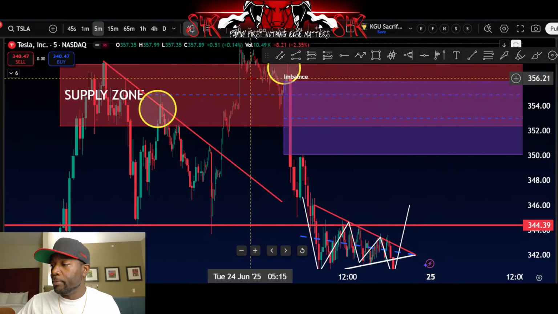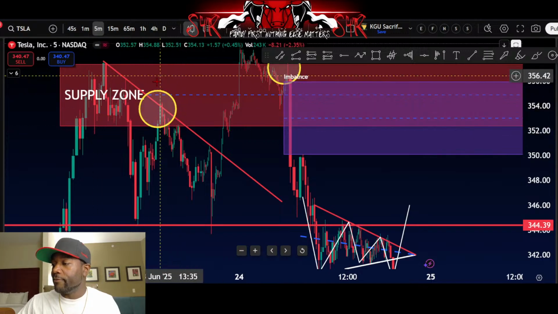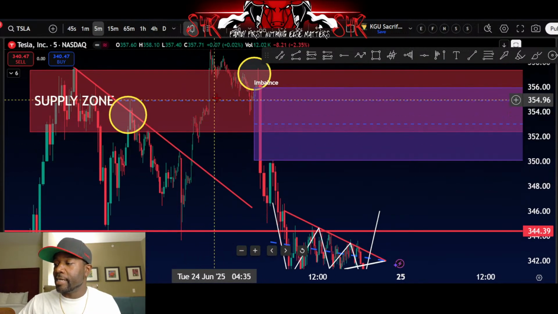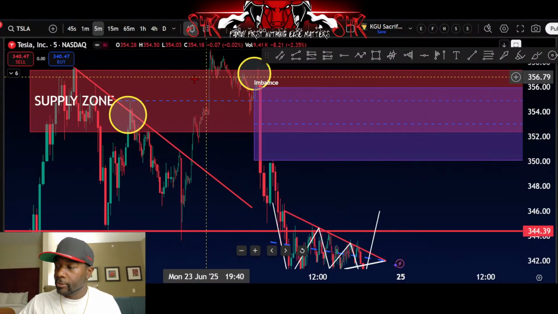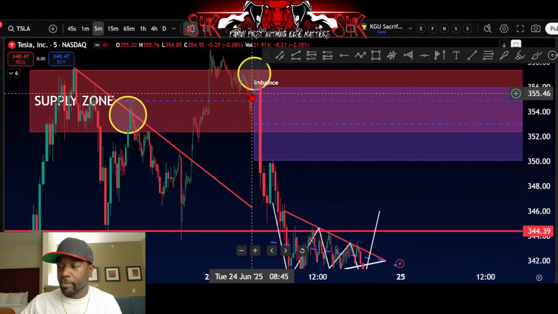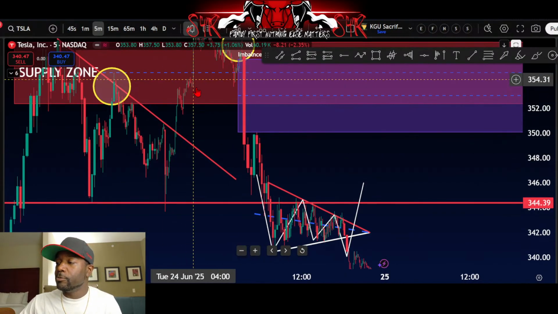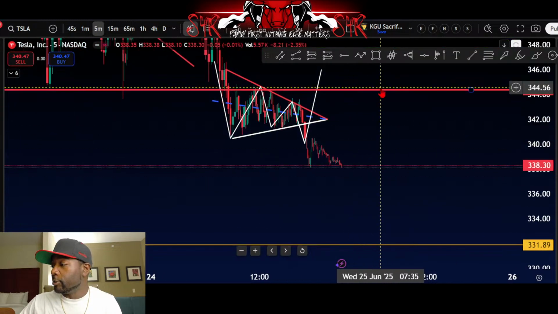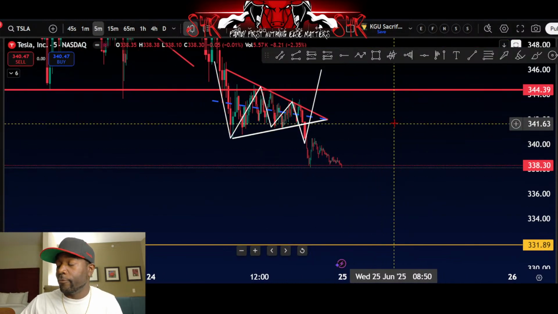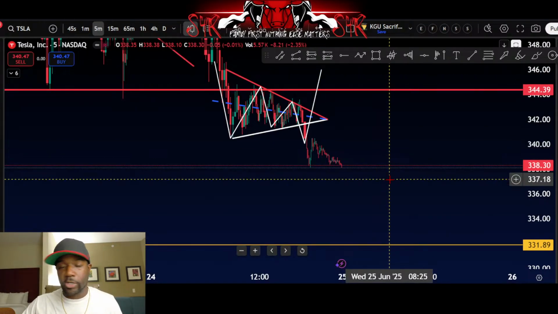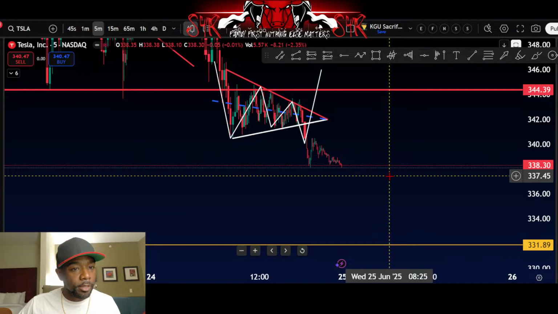It broke out, even though everything was telling me that we were going to sell off, right? But instead, it decided to try to waltz into the supply zone. It failed to break free, and they pulled it all the way back. But this is what happens. Tesla very well could come back and retest 344 in the overnight hours for pre-market before it either continues or sells off. All right.